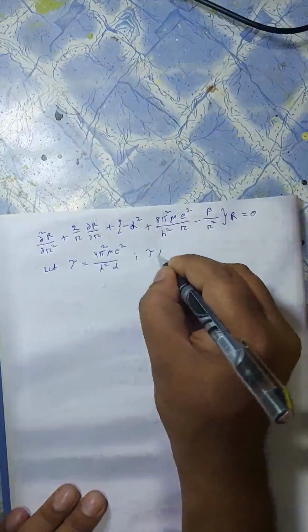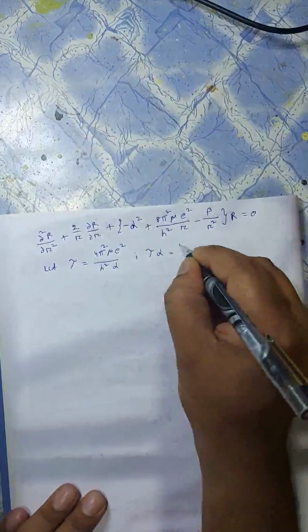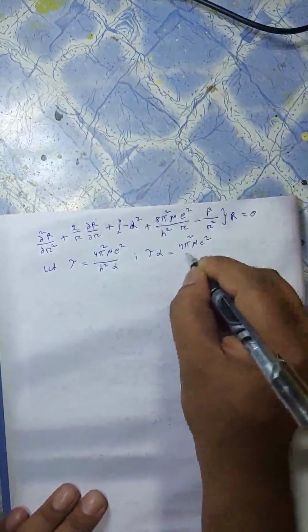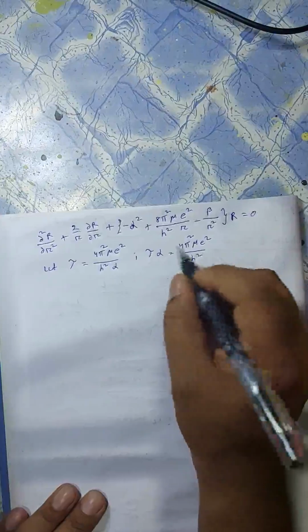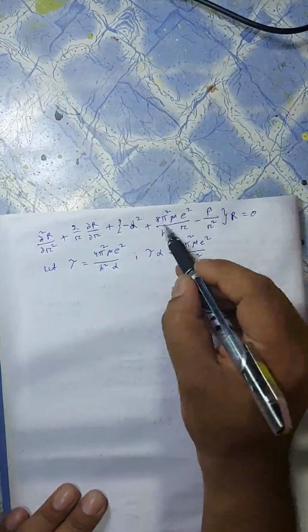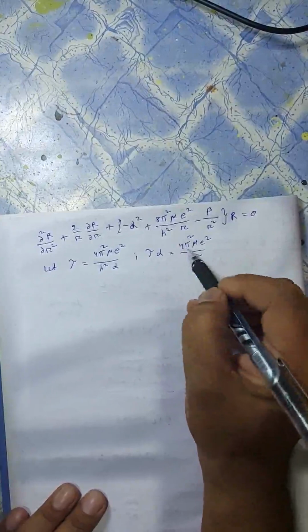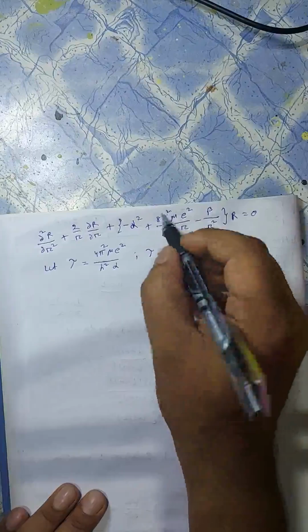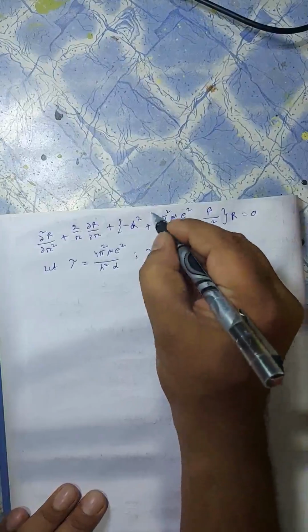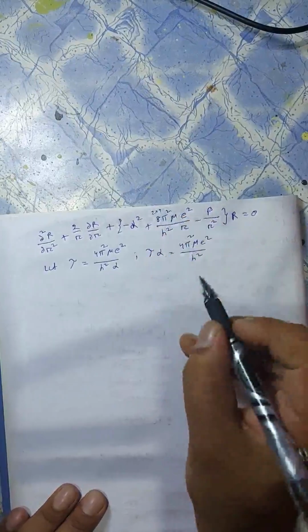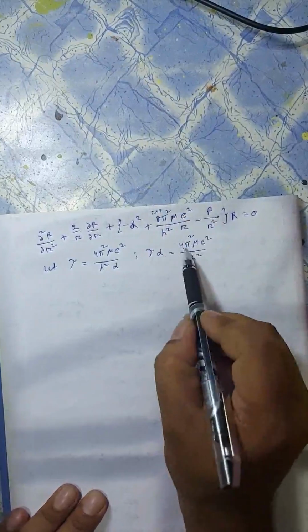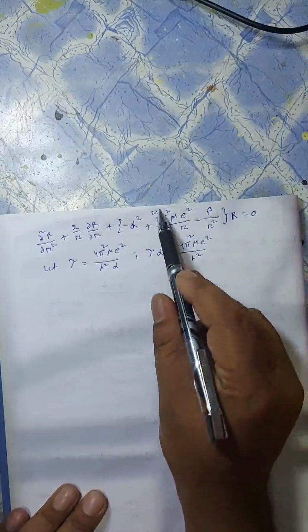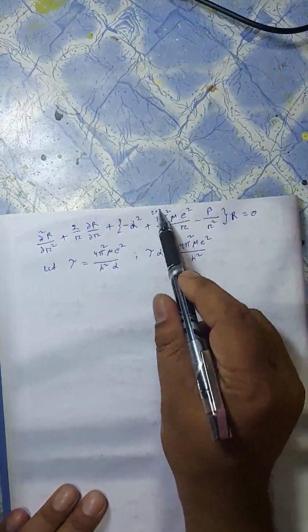So λα is equal to 4π²μe²/h². That means, in place of 8 we can write 2 into 4, so 2 into 4π²μe²/h² is equal to 2λα.